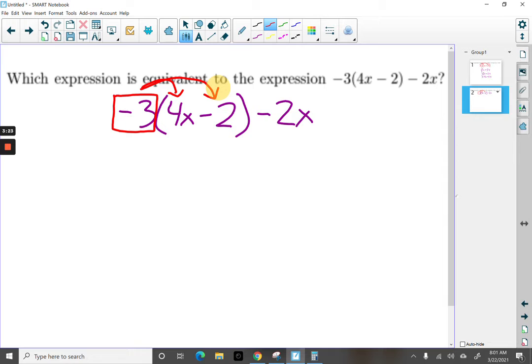And when I am distributing, I always need to make sure I include the sign that comes before the number or term here. So this -3 is going to be multiplied first by a positive 4x. And a positive and a negative, they have different signs. Different signs means it's going to be a negative product, -12x.